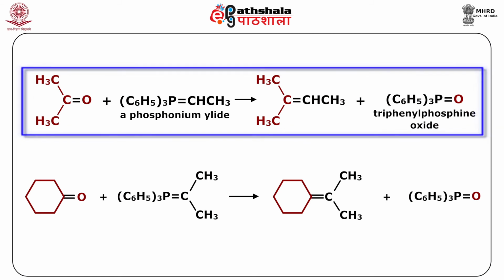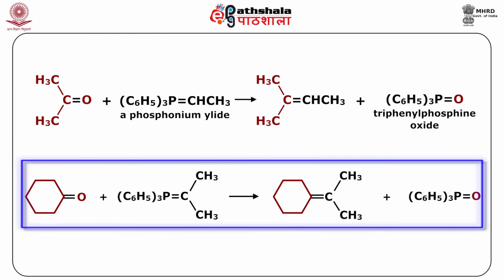Here you can see in this particular case acetone when reacts with this particular phosphonium ylide will be giving you this particular alkene, and the triphenyl phosphine oxide is the byproduct. Similarly, you can look at this particular cyclic ketone cyclohexanone reacting with this particular phosphonium ylide, and you get the double bond at this exocyclic position.